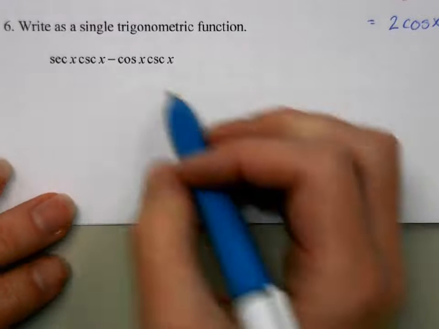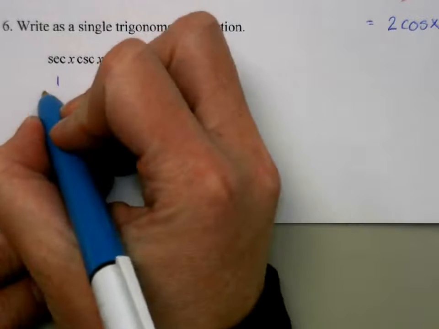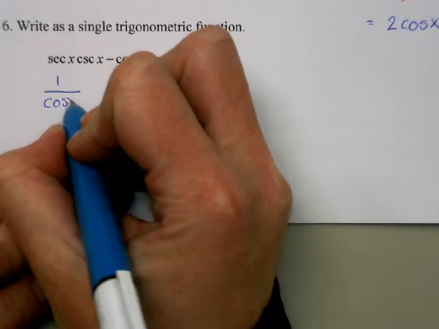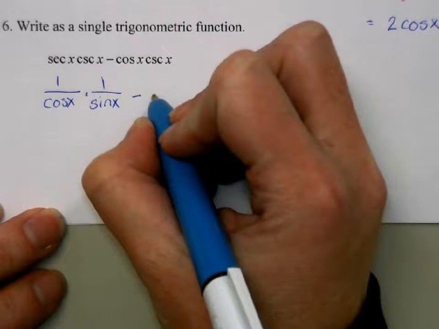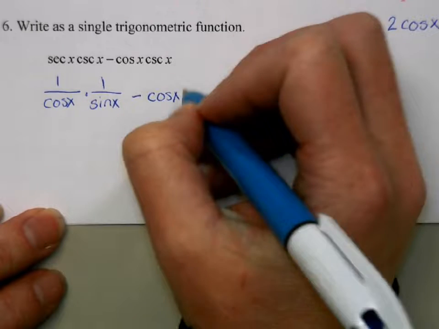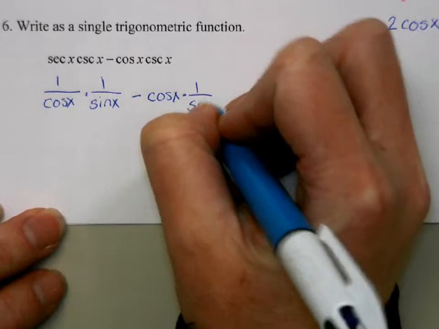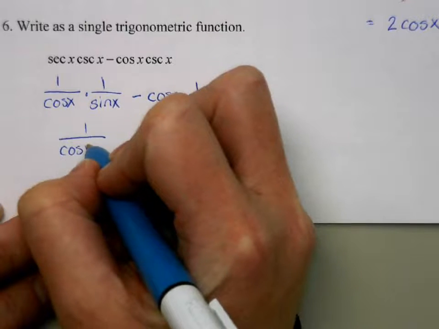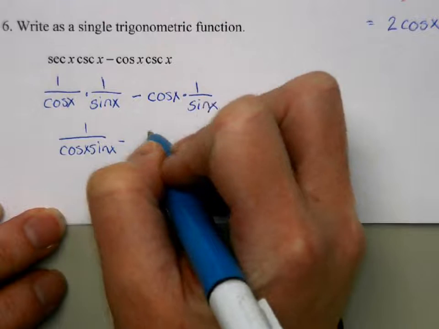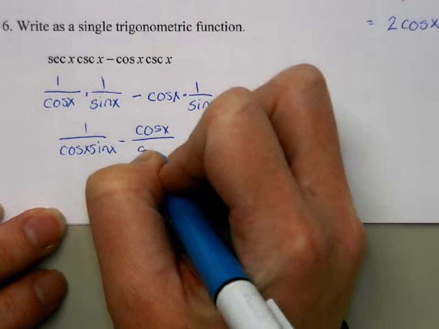Okay, so we're going to write as a single trig function. So write everything in terms of sine and cosine. Okay, so I have 1 over cosine x sine of x minus cosine of x over sine of x.